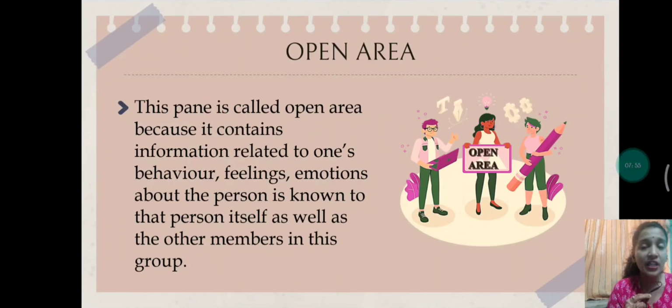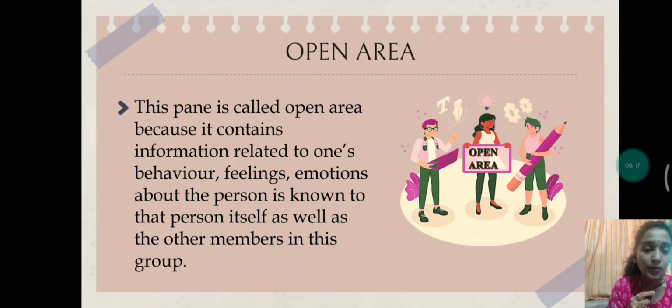Transparent means they like to keep everything open, like, yeah, this is me, this is how I am, this is how I feel, this is how my behavior is, this is how I get hurt. They express these things with their partners also, or even other people.